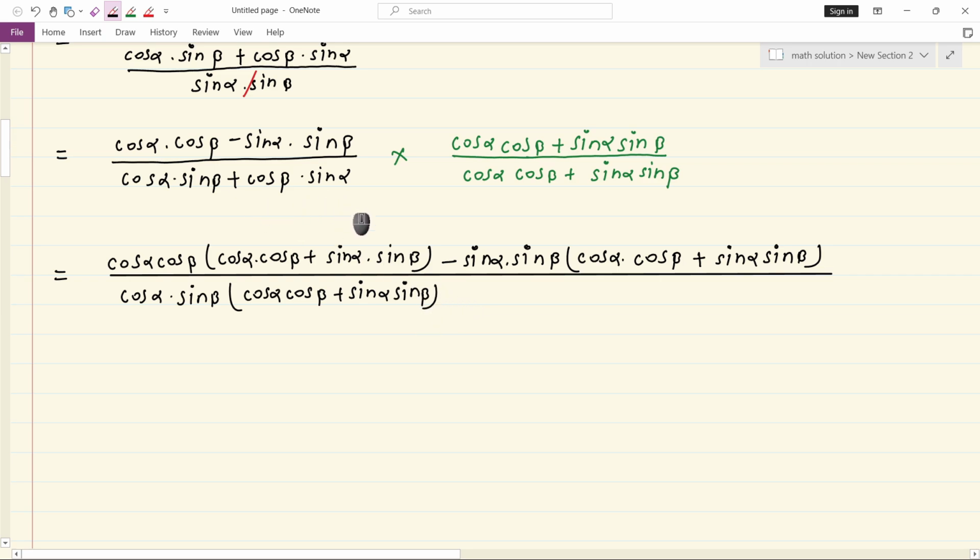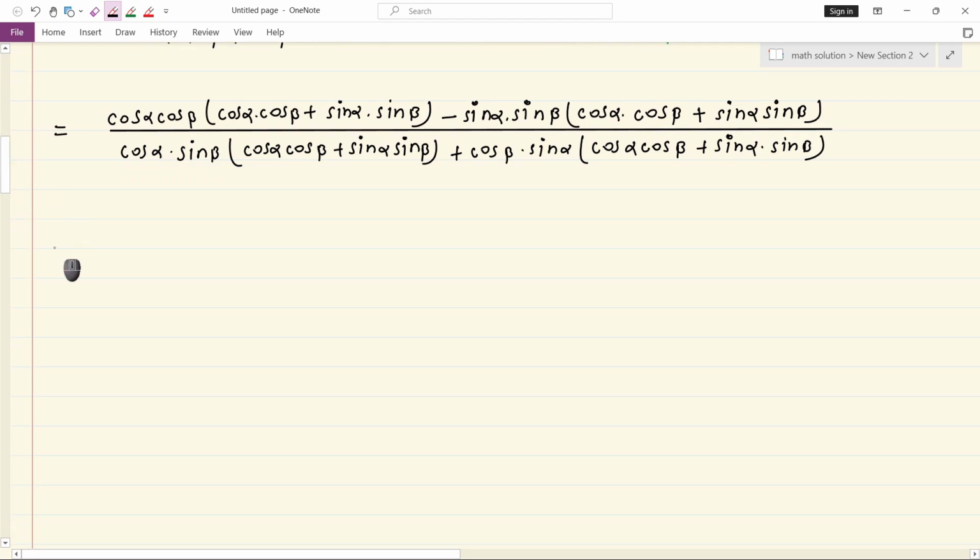Similarly multiply with the term plus cos beta sin alpha, with the whole term cos alpha cos beta plus sin alpha sin beta. Now it is simpler, so just multiply it. It looks a bit lengthy, but it is simpler.